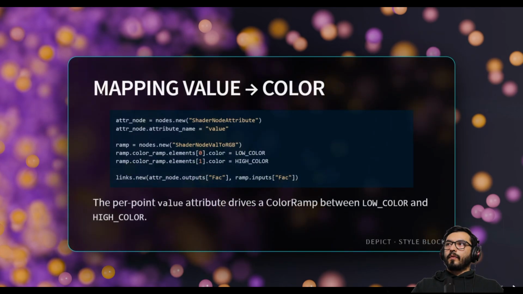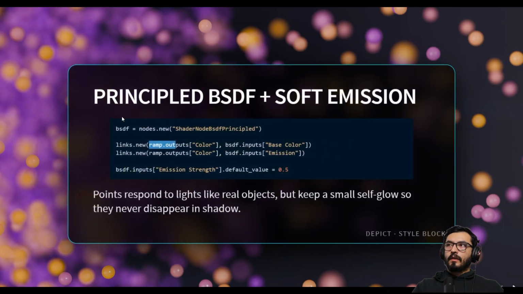Before, we have just linked the input to the ColorRamp. Now what we will do is link this ColorRamp to the actual material, and for this material we will use this principled BSDF with some slight emission that we will use for the material.